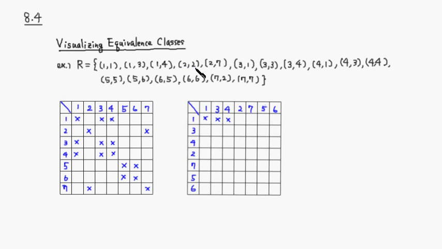Then 2 is related to 2, and 2 is related to 7. 3 is related to 1, and 3 is related to 3 too, and 3 is related to 4. 4 is related to 1, 4 is related to 3, 4 is related to 4. 5 is related to 5 here, and 5 is related to 6, 6 is related to 5, and 6 is related to 6, and 7 is related to 2, 7 is related to 7.